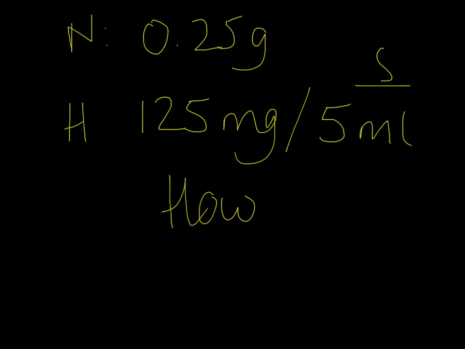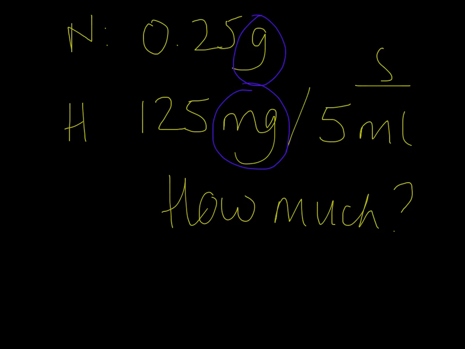How much medicine do we want to give the patient? Our first step is simply to look at these two units for the medication. Our need number is in grams and our have number is in milligrams. These are different, so we know that we need to perform a unit conversion.